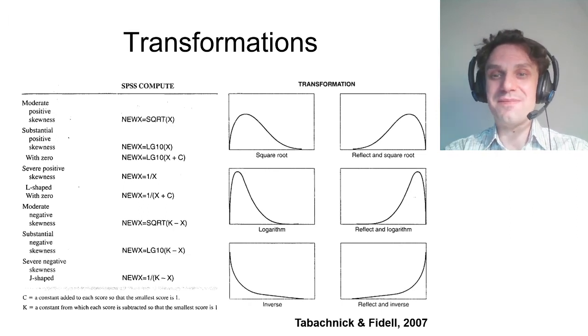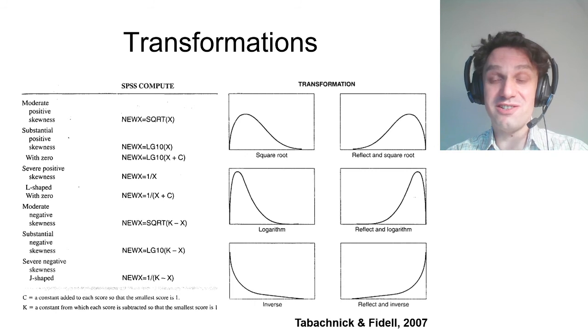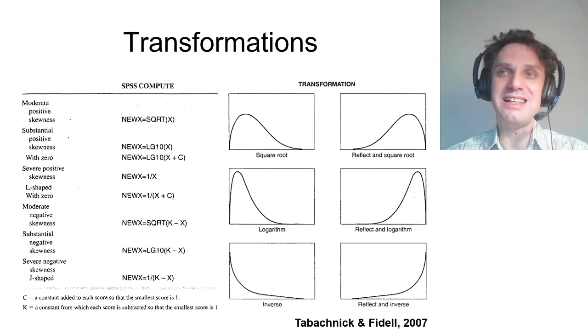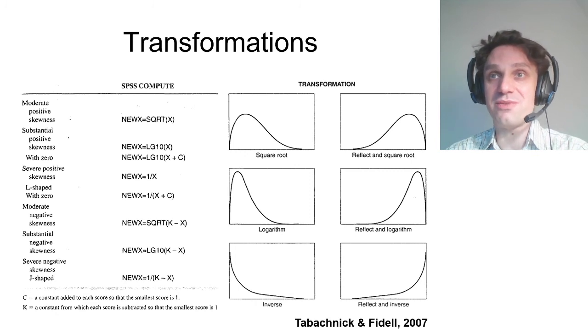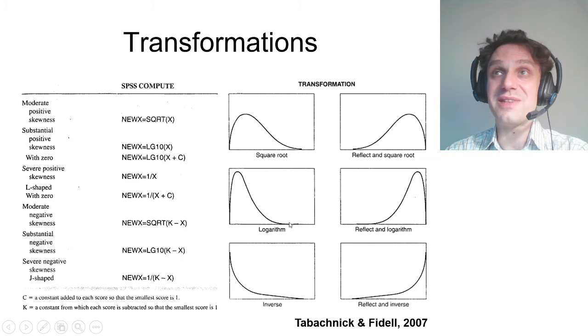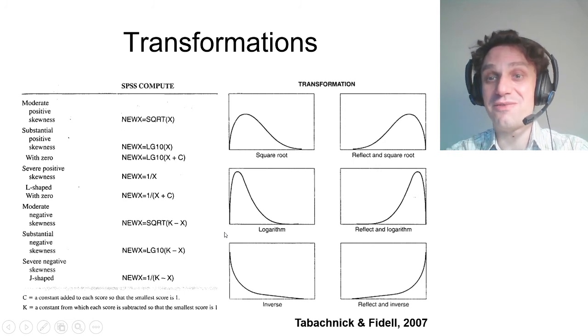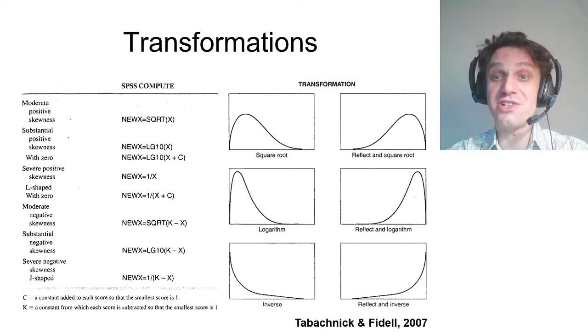Another possibility is that the actual distribution of your data is supposed to be not normal. For example, in economics, if you measure people's income, you will typically find this logarithmic distribution or log normal distribution. And you need to apply a logarithm function to make it normal. The same situation can be found with many physiological measures.